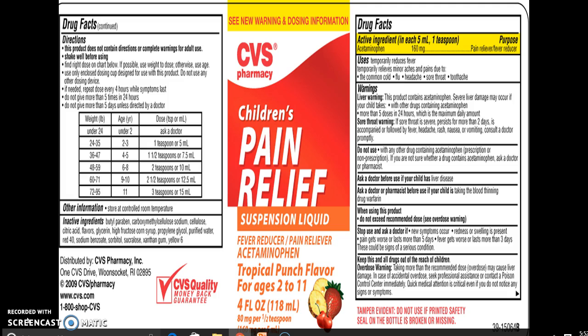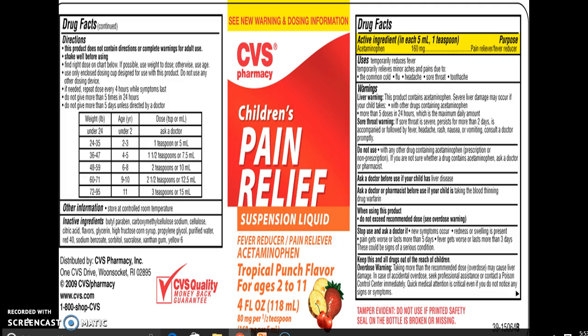And then they have what's called the sore throat warning. If you're taking this particular medication and it's not working, and you have a persistent sore throat with fever, headache, rash, nausea, vomiting, it's probably best to consult your doctor. The medication is not working for you.